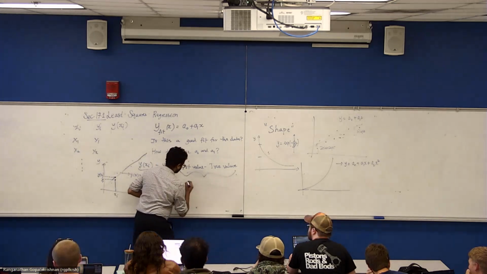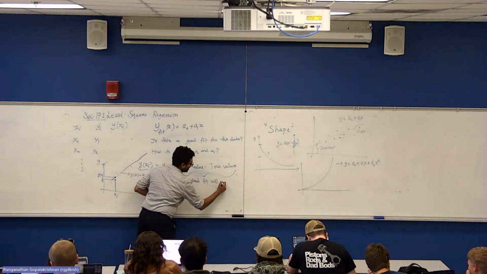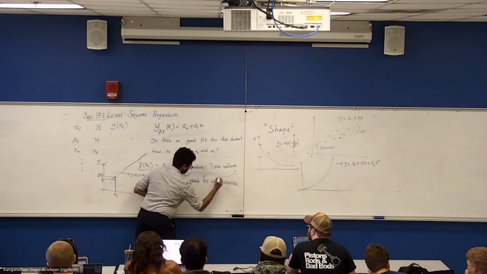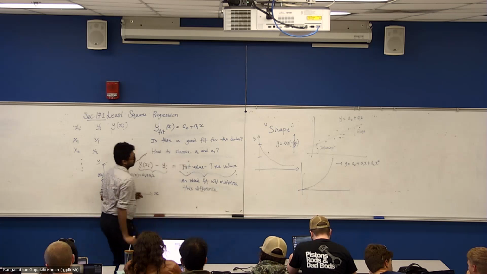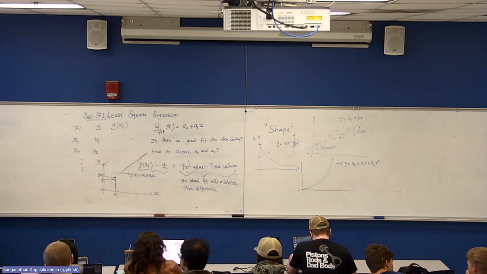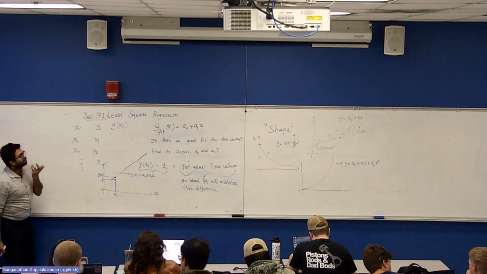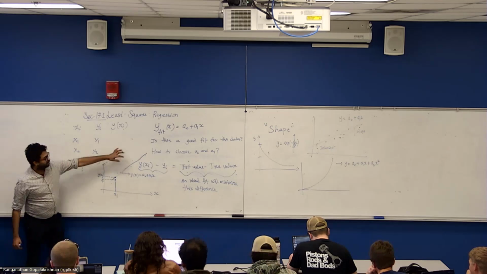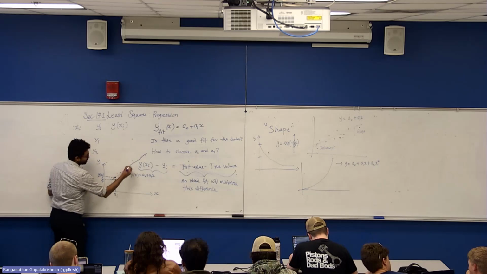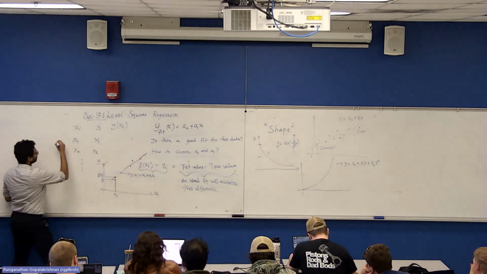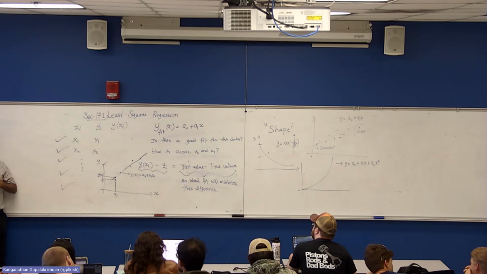A good fit, an ideal fit, will minimize this difference. And it's not enough if we minimize the difference for any one particular value. We need to minimize the difference across the board for all values of x and y pairs. Right? We want to minimize it across the board.